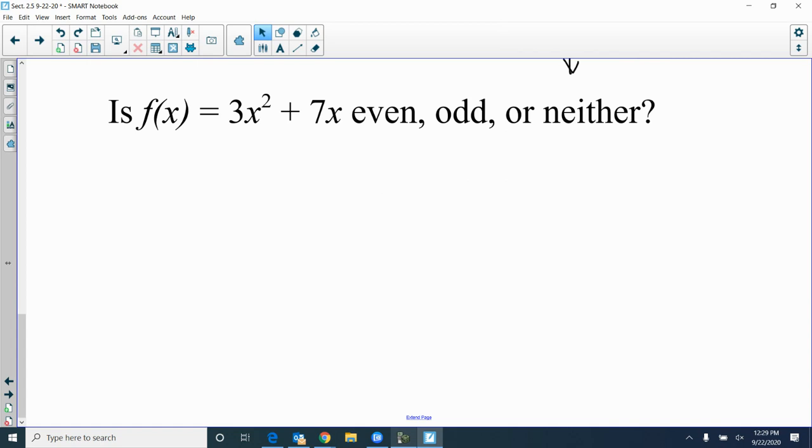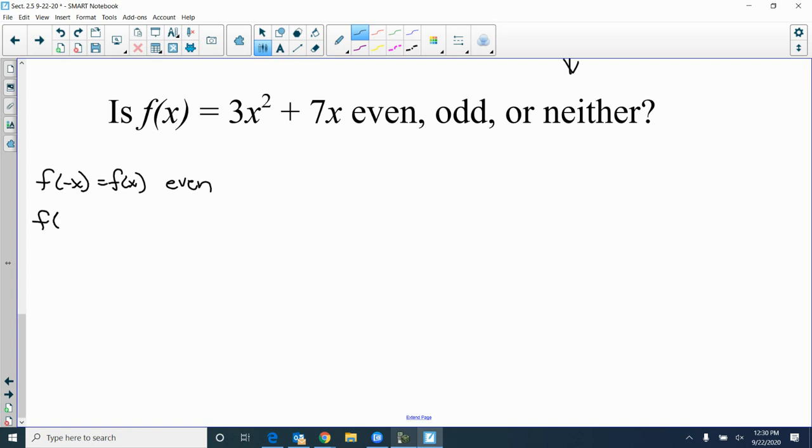All right, is f of x equals 3x squared plus 7x even, odd, or neither? Now you can plug in points just to get an idea, but that's not going to be sufficient. You've got to plug in just a general value and a -x. So here's kind of the outline. If f of -x equals f of x, it's even, right?